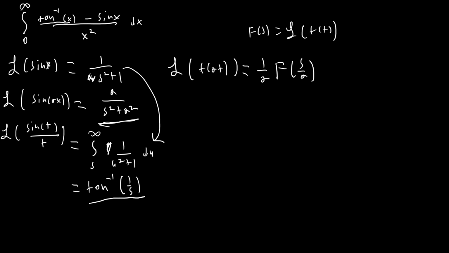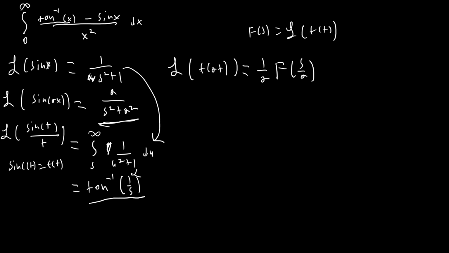So if I want to put an x in the top here, I just have to take the Laplace transform of f of x times t, rather than just f of t. In this case, our f of t is going to be sinc of t.